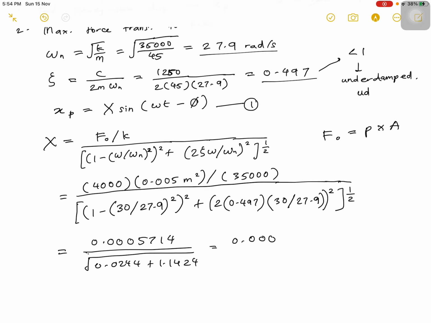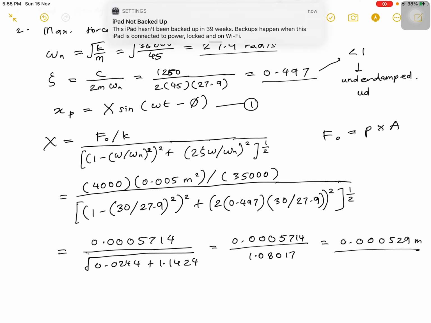This is equal to 0.00 again, same, 5714 over 1.08017. And finally we get the amplitude of the displacement, 0.00529 meter.